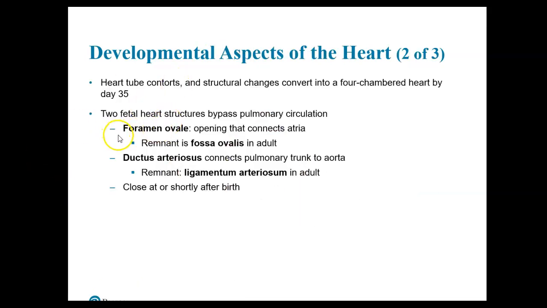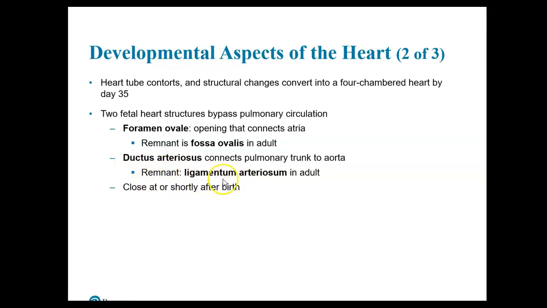All right. The opening that connects the atria is called the foramen ovale in the fetal heart. And the remnant that is left over in the adult is called the fossa ovalis. In the fetal heart, there is a connection between the pulmonary trunk and the aorta. It's called the ductus arteriosus.